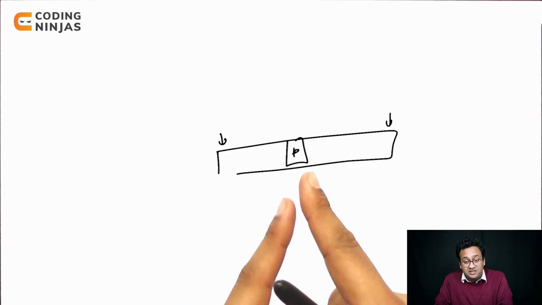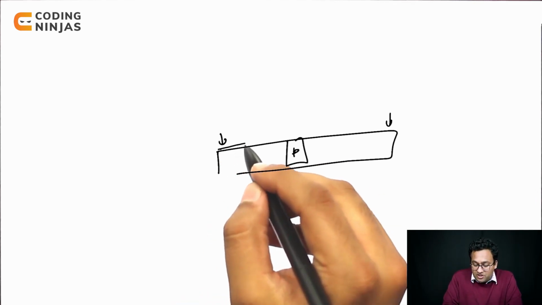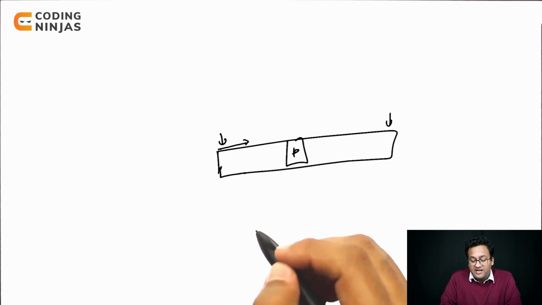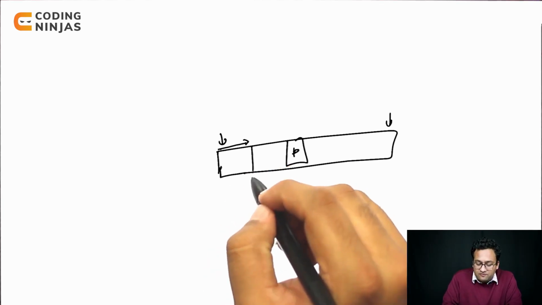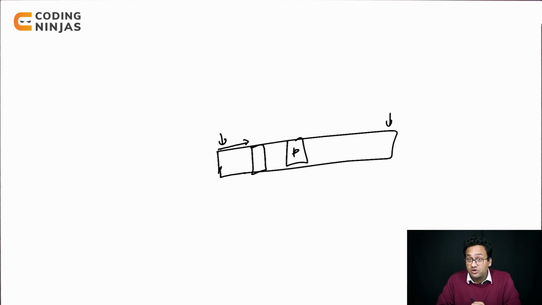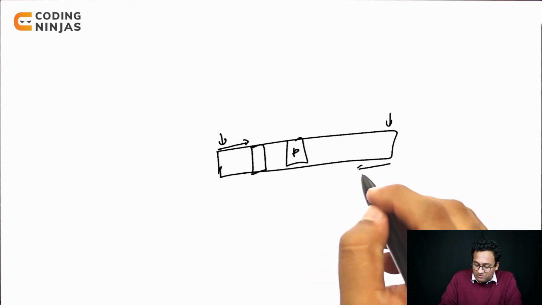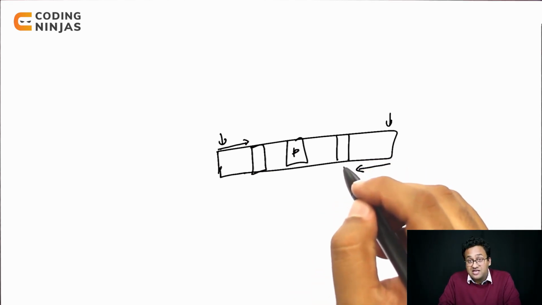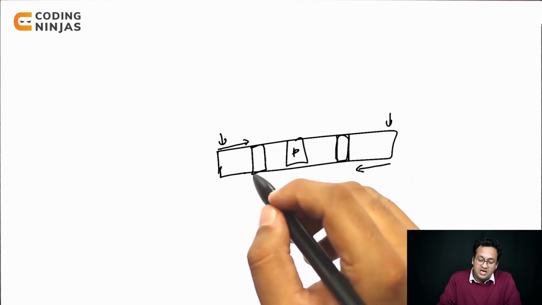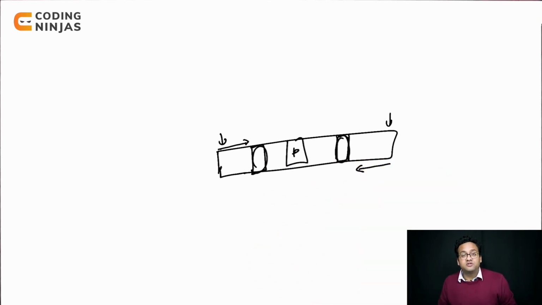So you start from here, you keep moving till you can find elements which are less than P. As soon as you find something which is greater than P, you stop and you start looking from this side. As soon as you find something which is less than P, you stop, and as soon as you stop, swap both of them. So both of these have reached the right place.